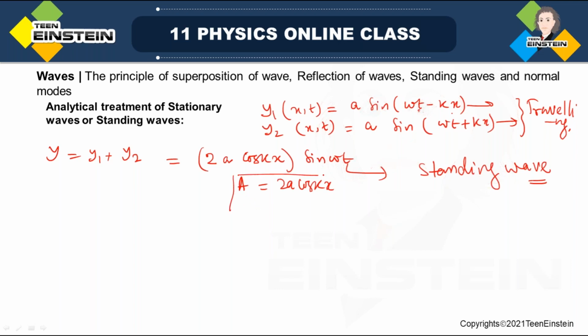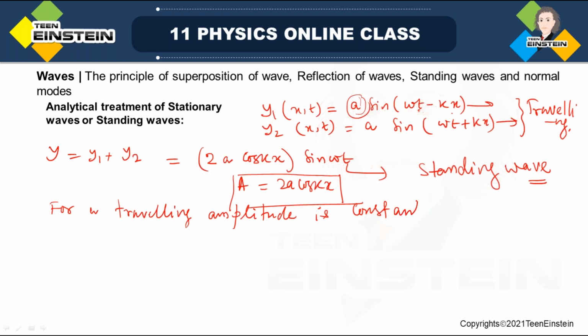You can see there is a difference in the amplitude. For a traveling wave the amplitude is constant, and it does not vary with space, with position.